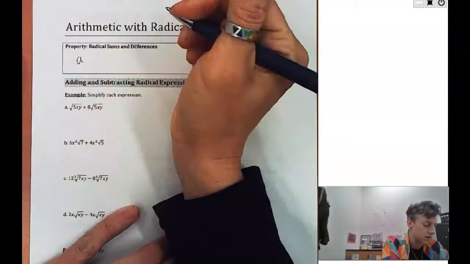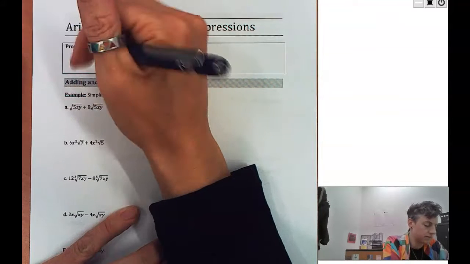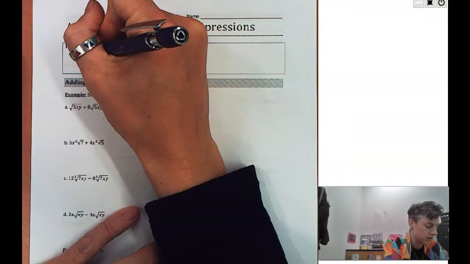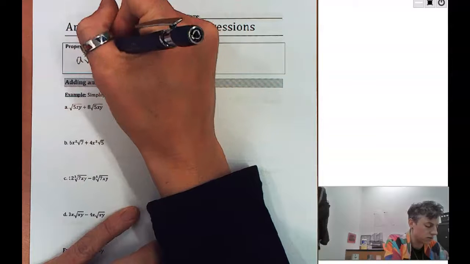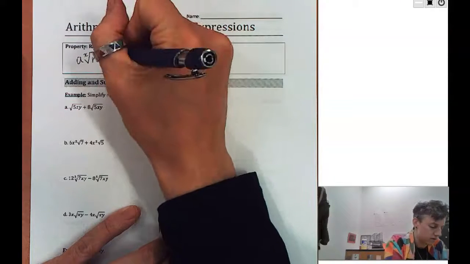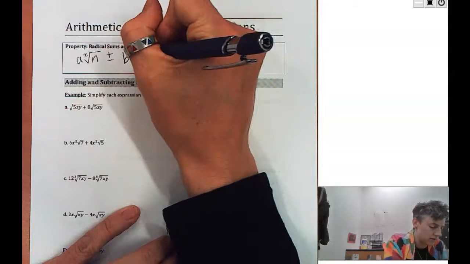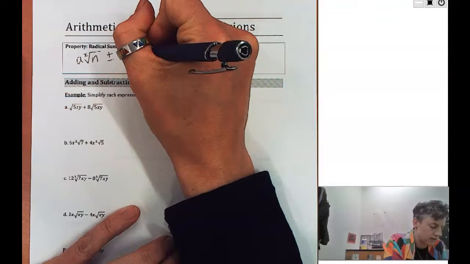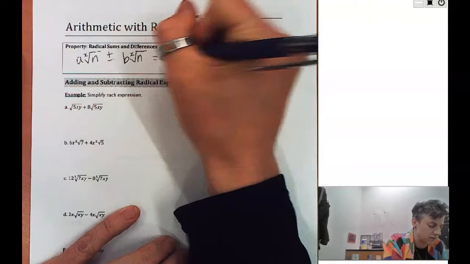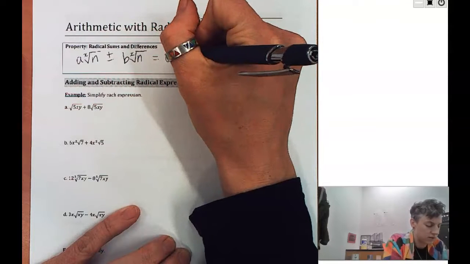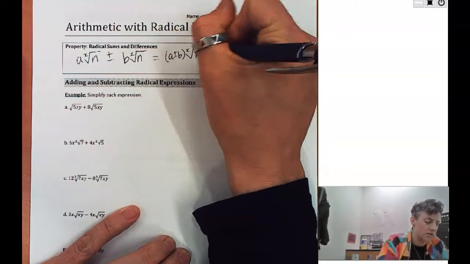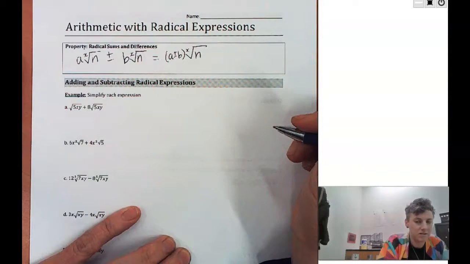We have this beautiful property of radical sums and differences that says if I have some number times a root of something, plus or minus another number that has the exact same index and the exact same base, then I can just add or subtract those numbers together, as long as the index and the base are the same numbers.